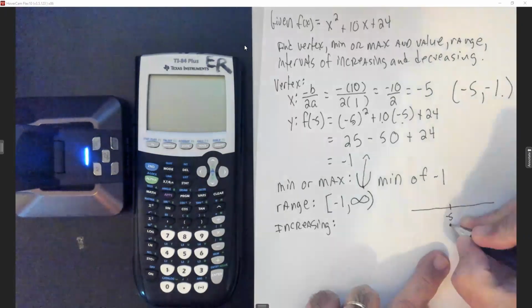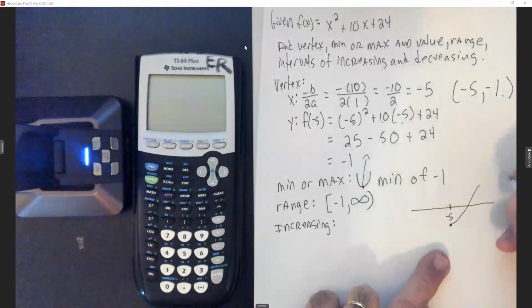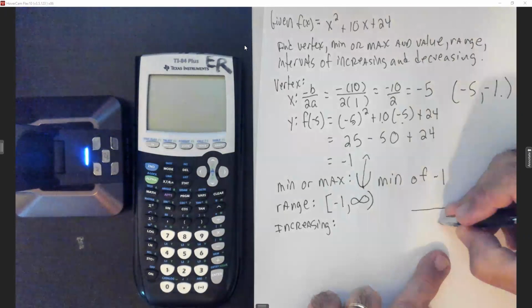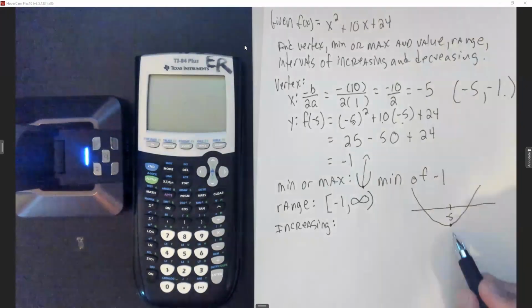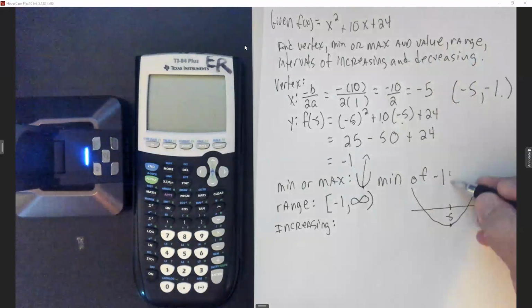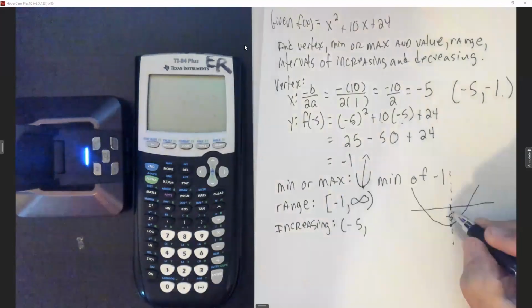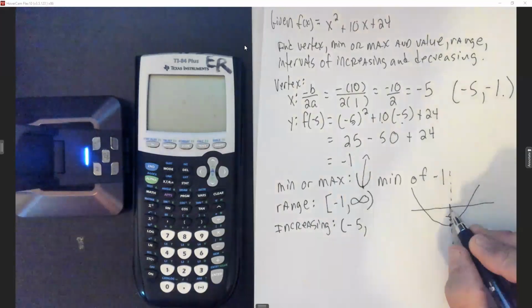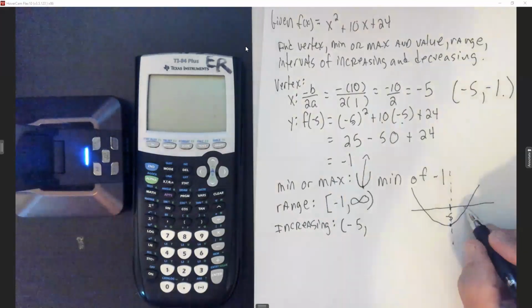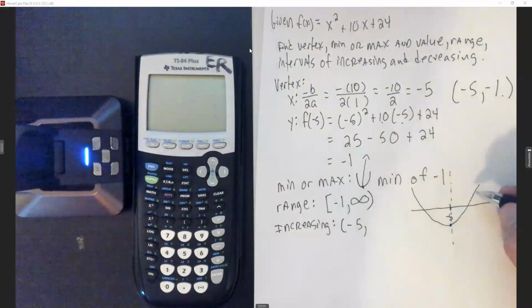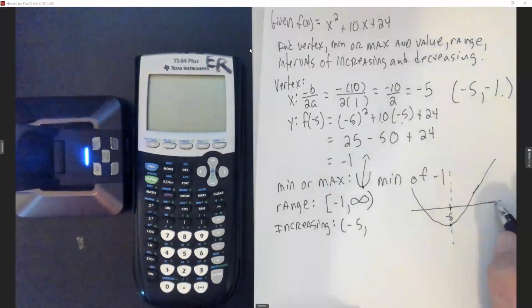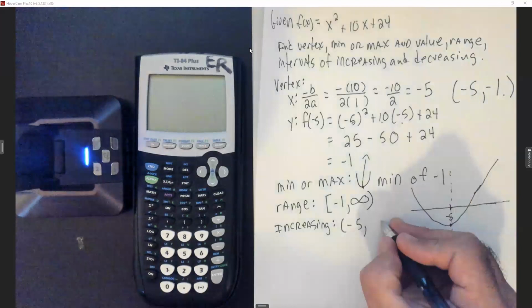So on each side of negative 5, your graph is going to come up and down. So the increasing will start at that negative 5. And you got to think x's. As your x's get bigger, your graph is increasing. So this is headed towards infinity on the x's.